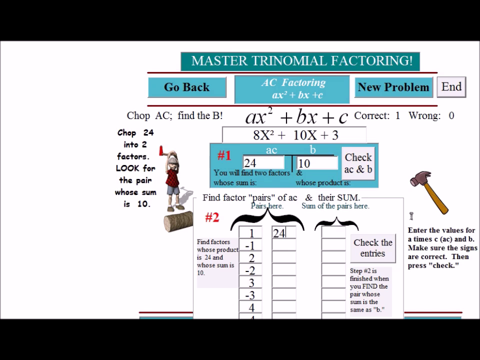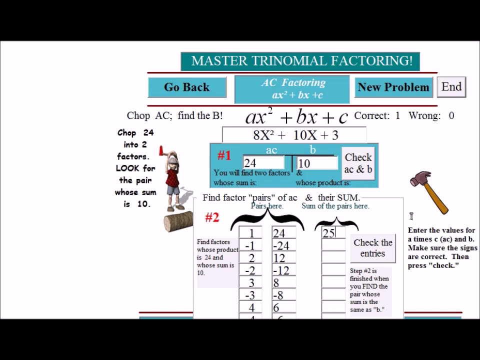They're just writing down all the methods. Negative 24. 12, negative 12. 3 and 8, 3, negative 8. 6, negative 6. And now we see what they add up to.